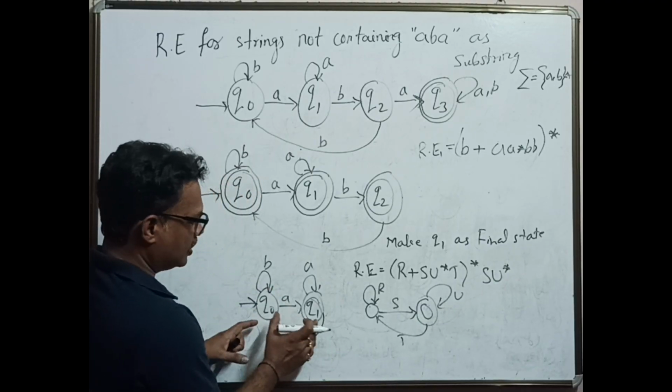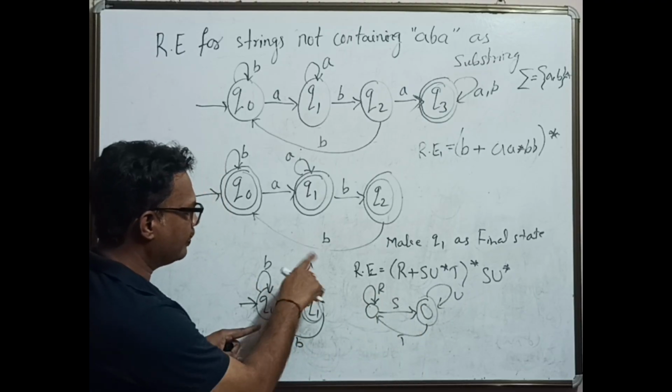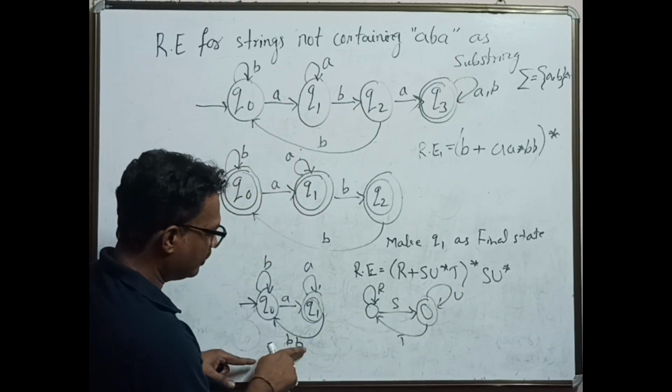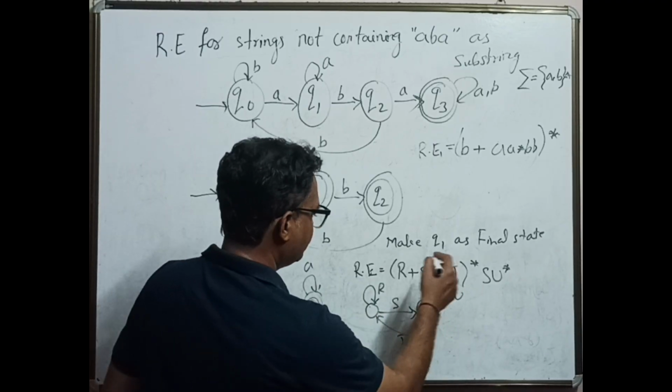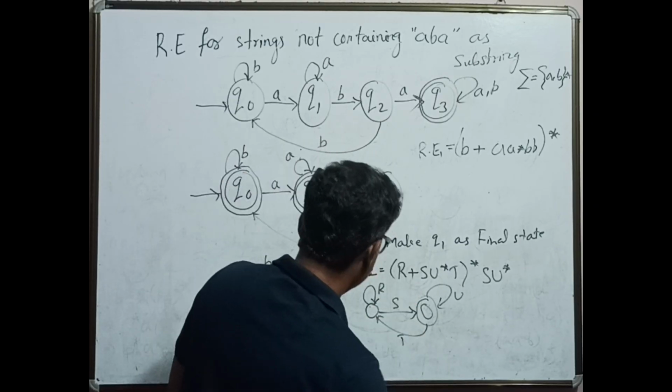Now look at this automata and this automata. Here we have B, we have A, we have A, we have U, and we have T.